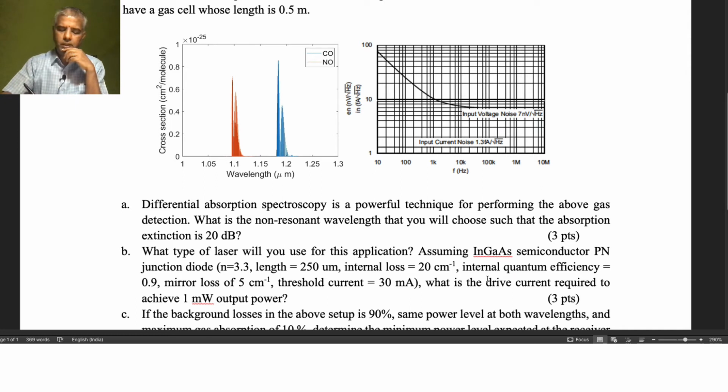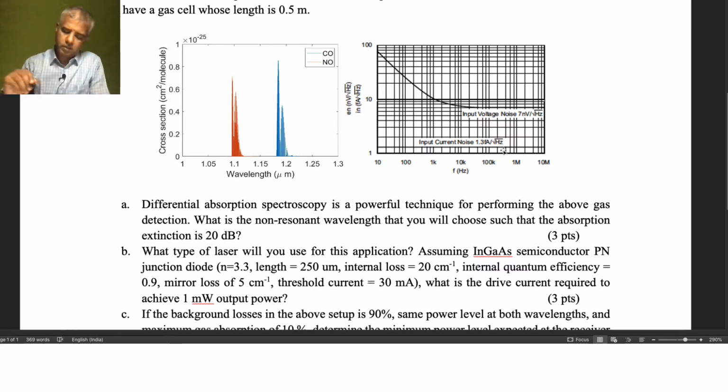En is actually the voltage noise density that is given by this curve over here. It is actually high at low frequencies. This is basically the 1 over f noise, and then it becomes white noise, whereas In is basically flat across.